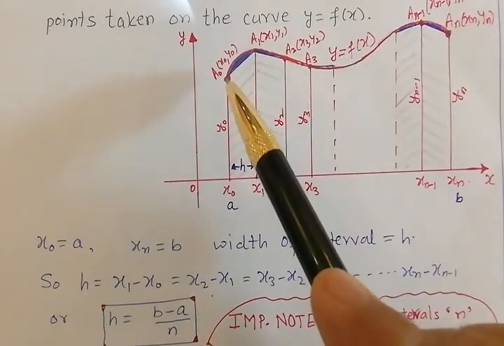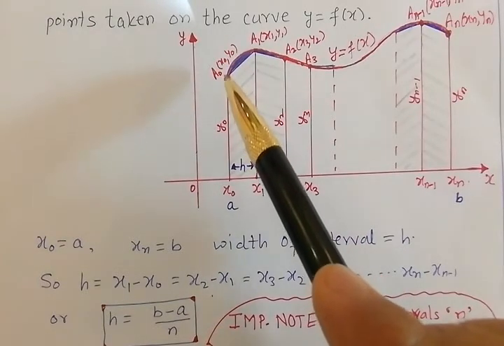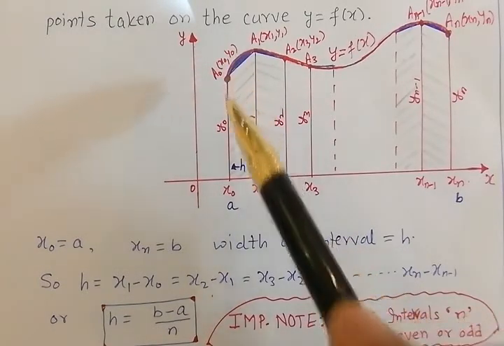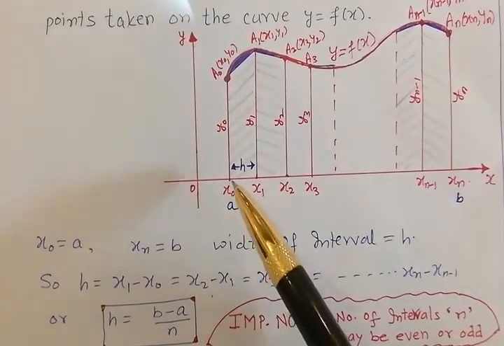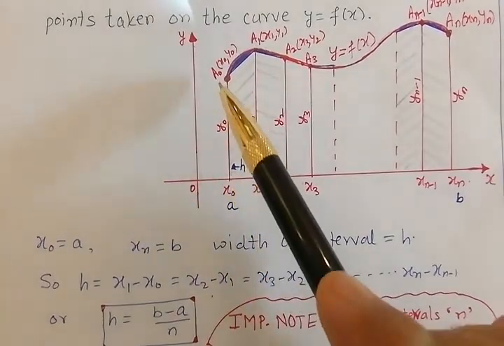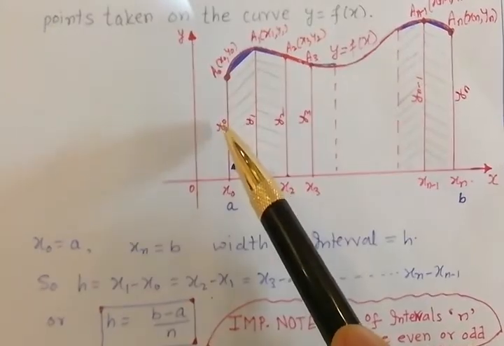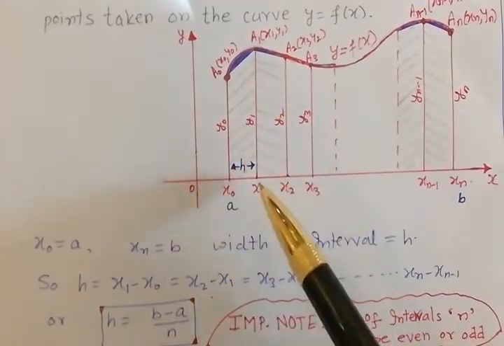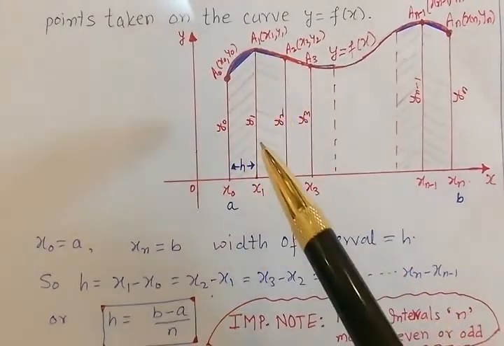So here the points come into the picture. When this is (x0, y0), what do we mean by this coordinate? It means that the distance from the origin to this point is x0 and this vertical ordinate is y0. Similarly, this distance is x1 and this is y1 and so on.